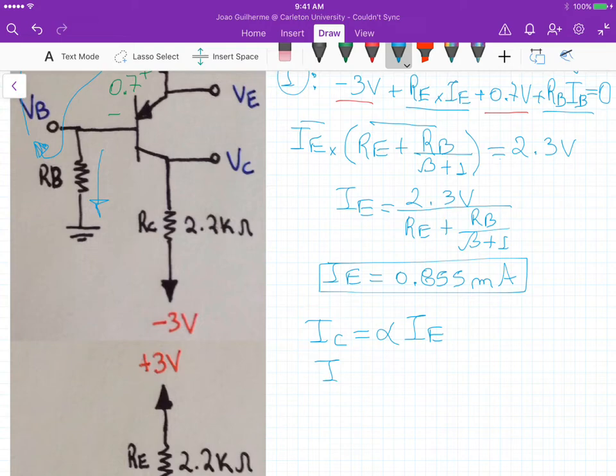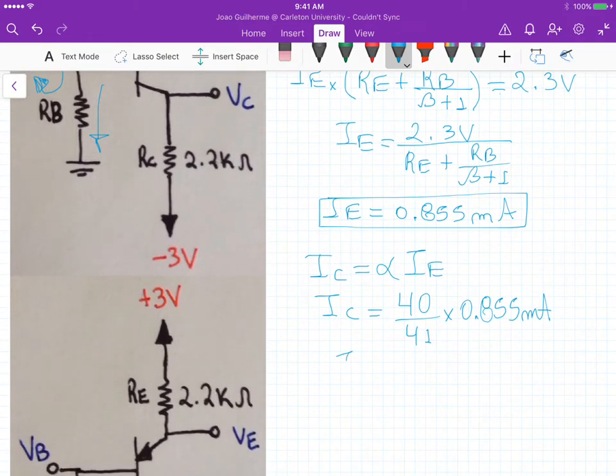And this means IC equals 40 divided by 41 times 0.855 milliamps. And this current IC becomes 0.834 milliamps. Okay, so this is the current IC.